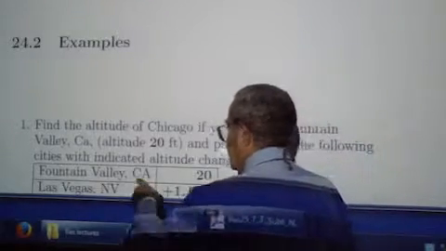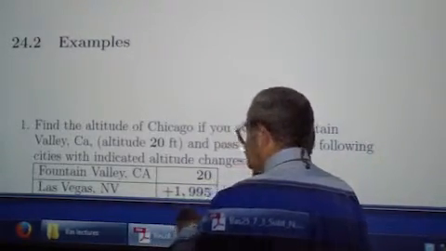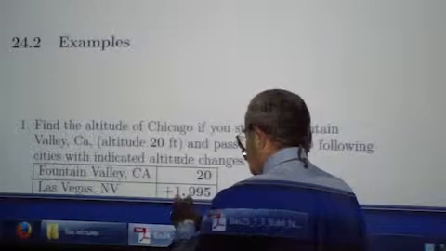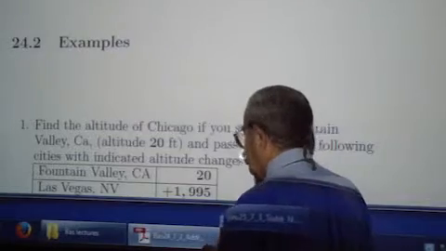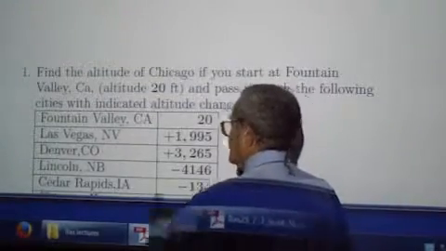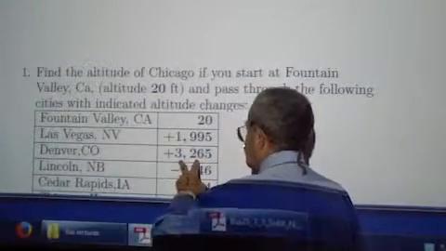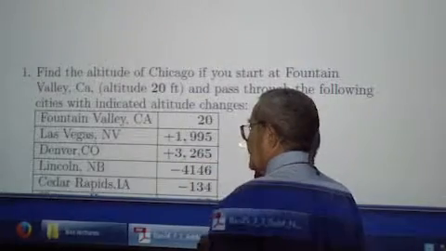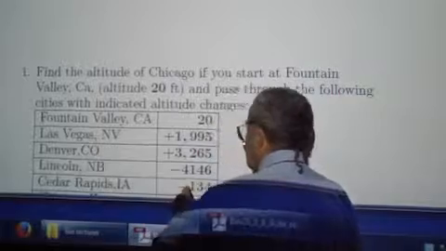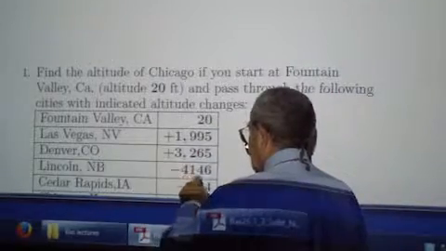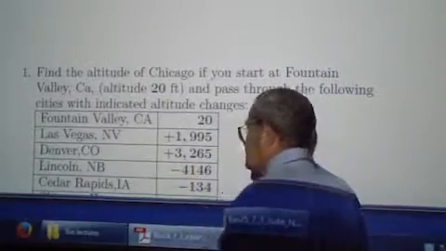So you drive from Fountain Valley to Las Vegas. You went up 1,995 feet. And then you went from Las Vegas to Denver. You went up an additional 3,265. You went from Denver to Lincoln, Nebraska. You went down 4,146 feet.